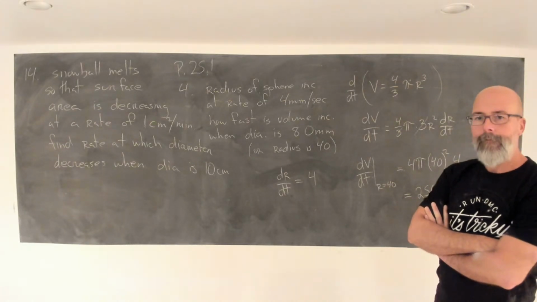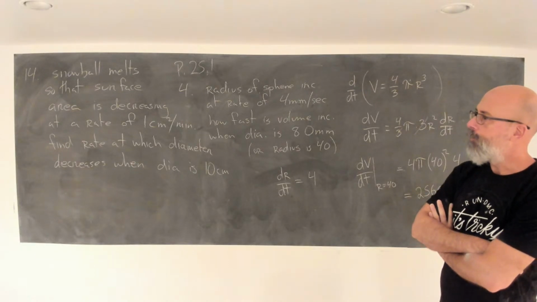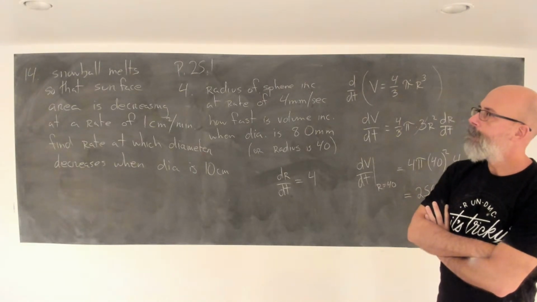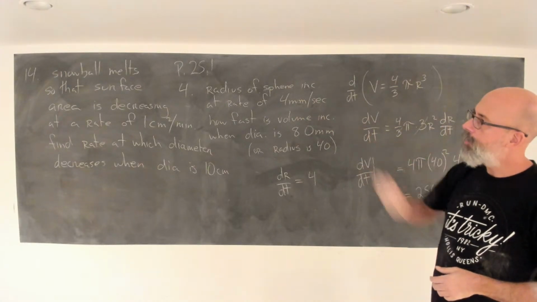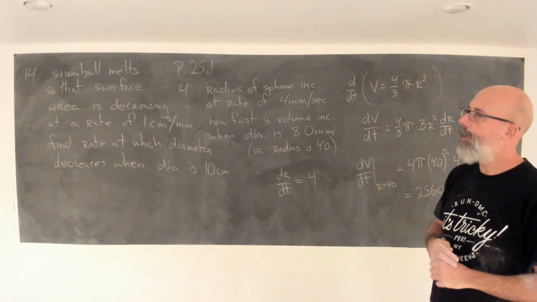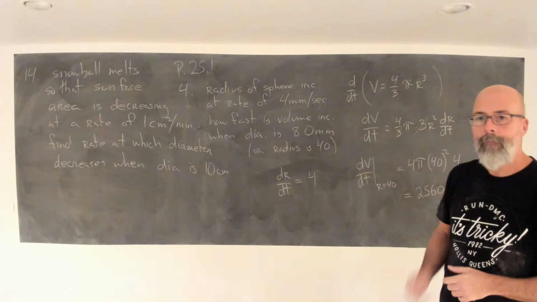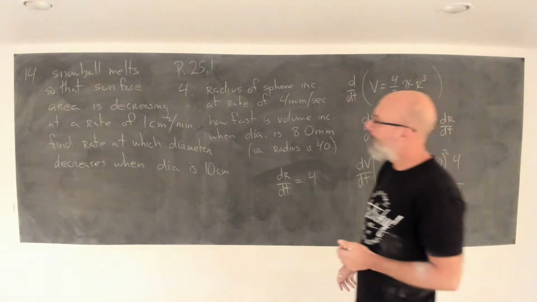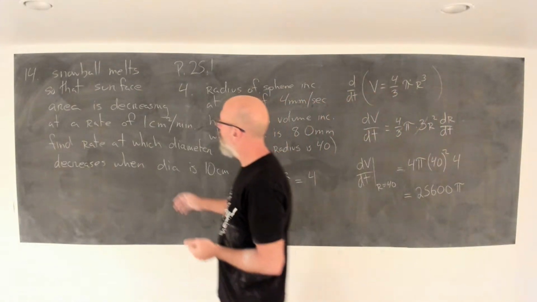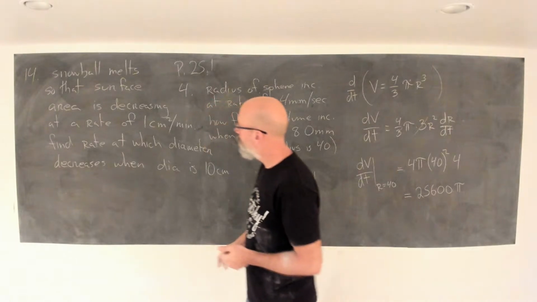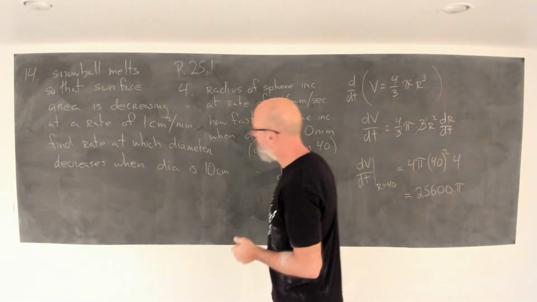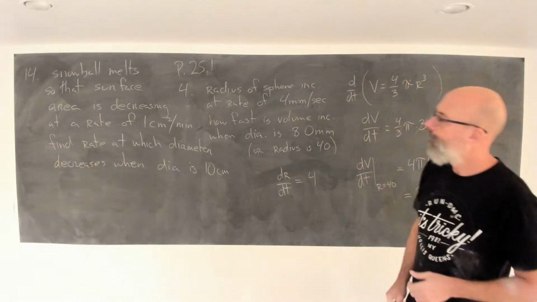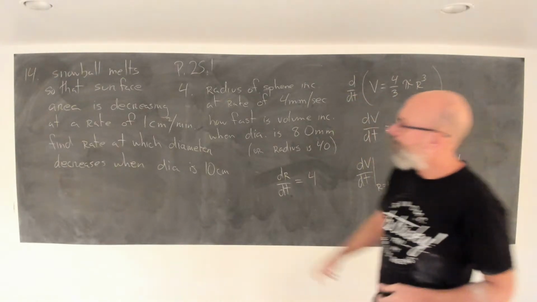All right. Questions? You see what's happening, right? You've got the snowball melting, and what's given is the rate of change of the surface area. And this surface area is decreasing at the given rate. What do they want?